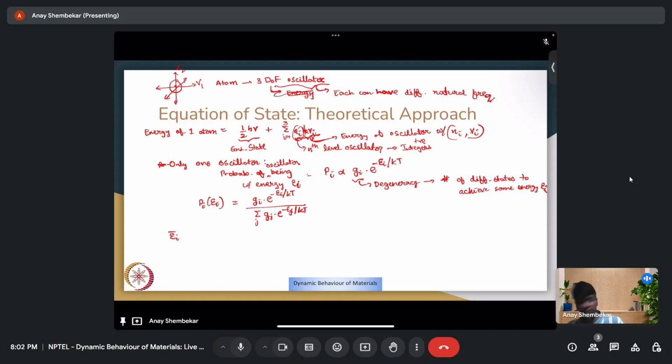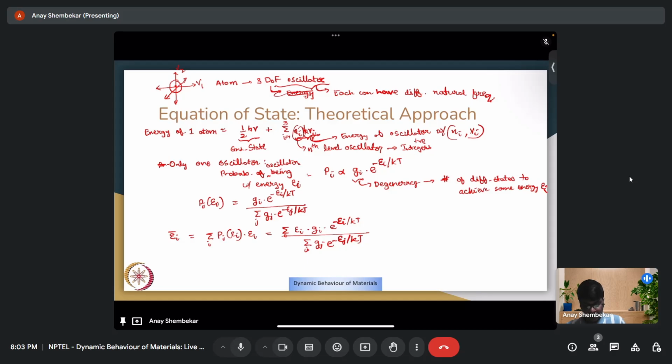Therefore, if I take the mean energy of this single oscillator, single degree of freedom, not three, that would be the summation over i of p_i epsilon i. So all the possible energy states wherein that oscillator can exist, multiplied by its probability, which would be the summation over i of epsilon i g_i e raised to minus epsilon i by kT upon the summation over j of g_j e raised to minus epsilon j by kT.